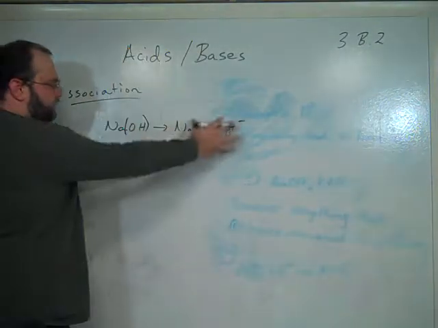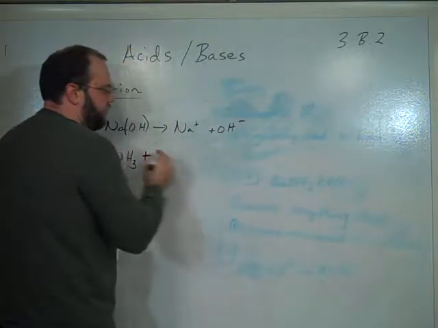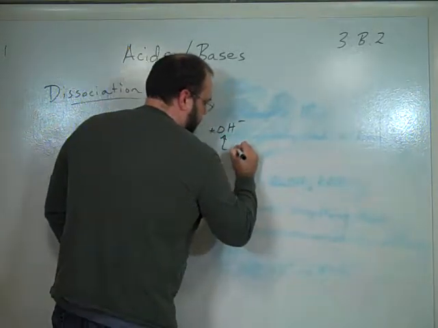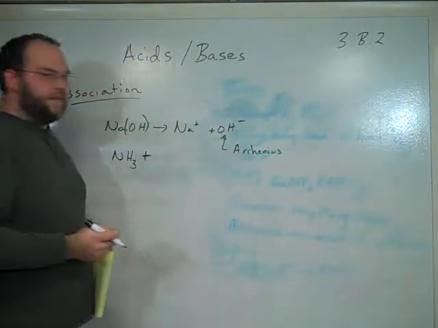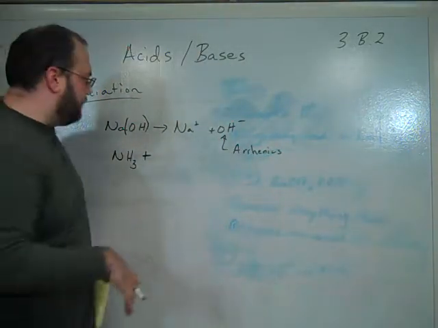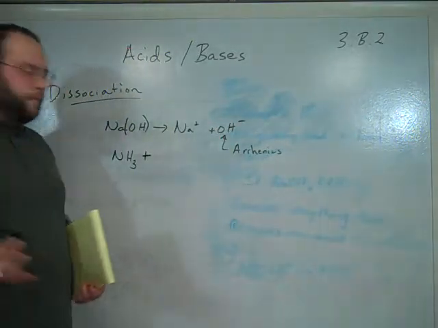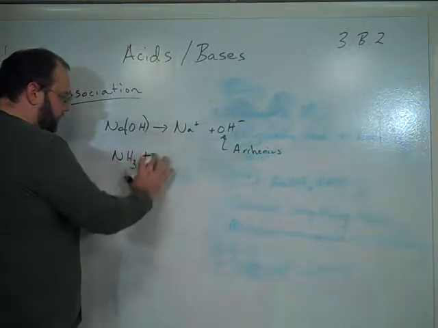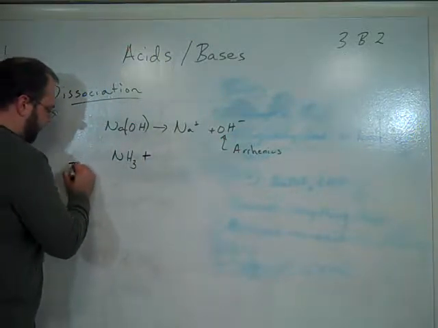So up here we had what's called an Arrhenius base. Arrhenius, the guy who discovered acid bases, old guy. An Arrhenius base is anything with an OH, and that just breaks apart. But here, this is a little bit different. This is NH3. This is called a Bronsted-Lowry base.